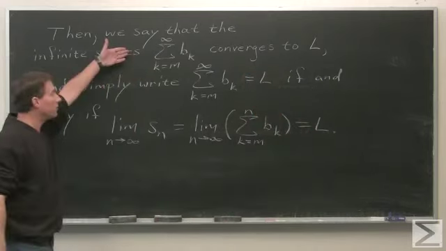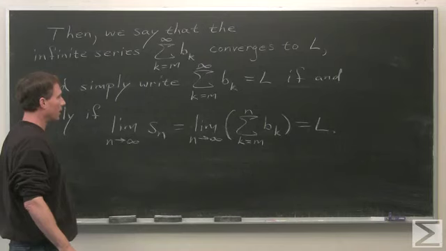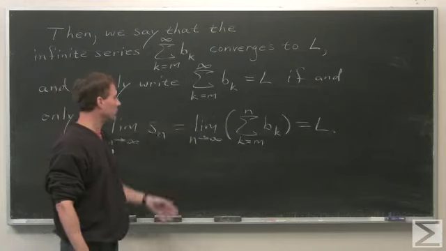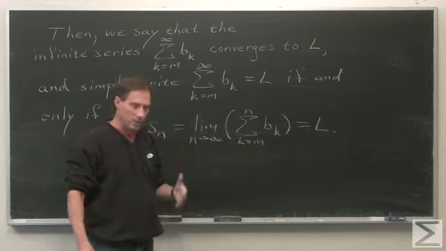We say the infinite sum exists or converges, and what it converges to is L, if and only if the limit of the partial sums, as n goes to infinity, the limit of these sums of the bk's approaches L.